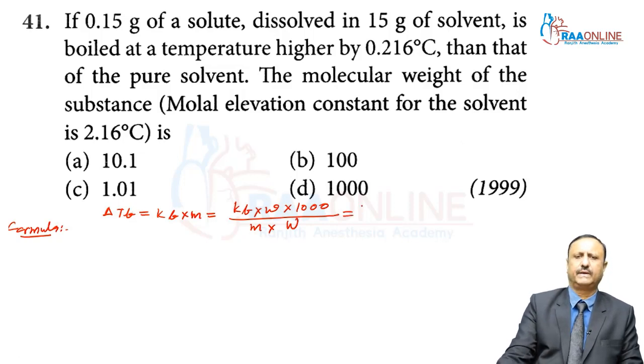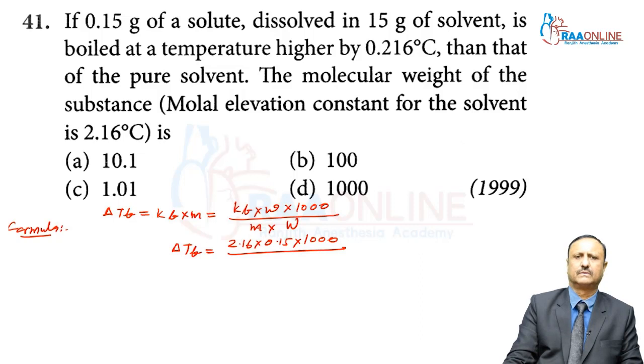Kb is given in numerical 2.16, small w is given in numerical 0.15 into 1000 upon small m, the molecular weight of the substance.